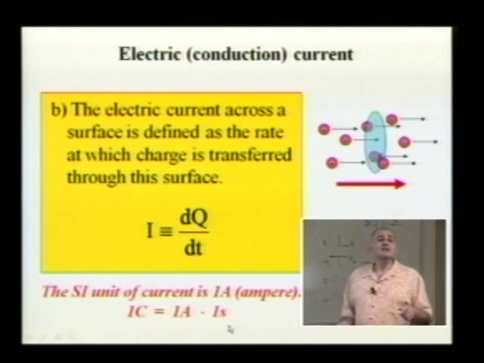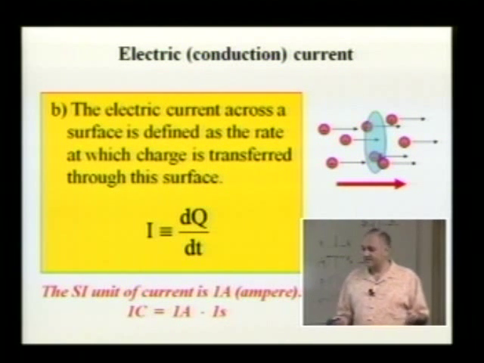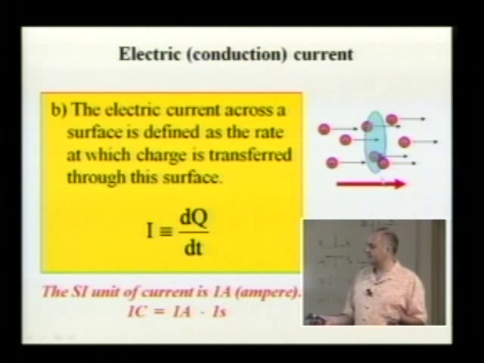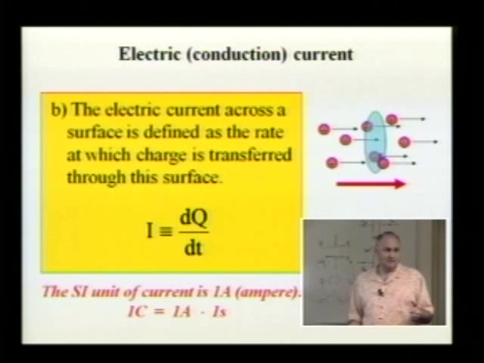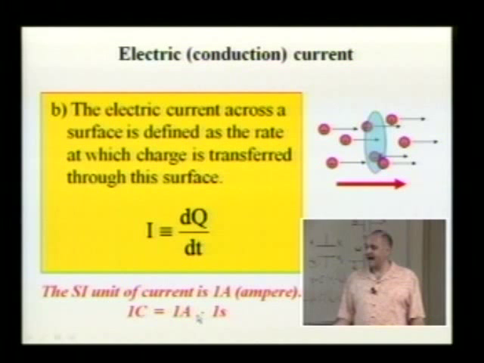However, if we comprehend ampere, then Coulomb is defined as the charge which crosses a surface in 1 second when the current flowing through that surface is 1 ampere. So Coulomb is a secondary unit derived from ampere.